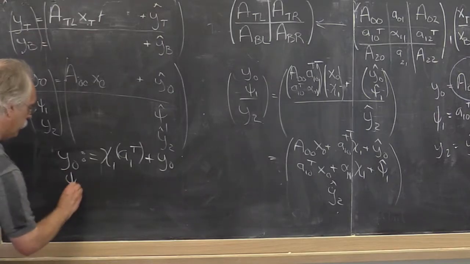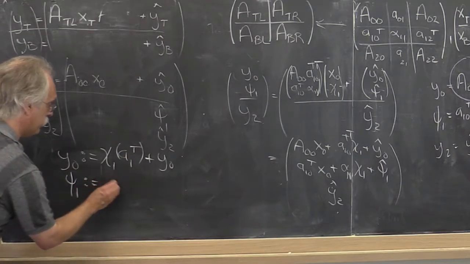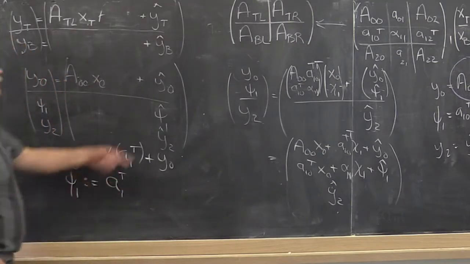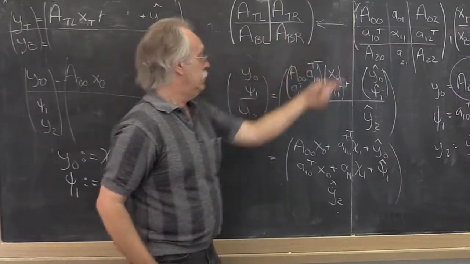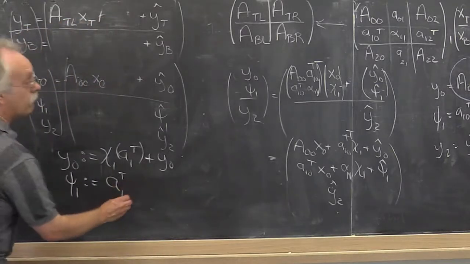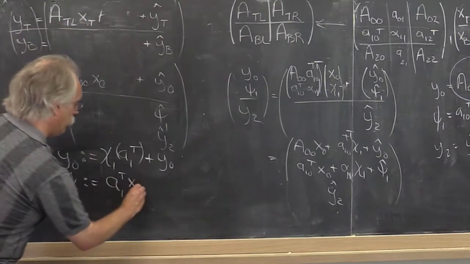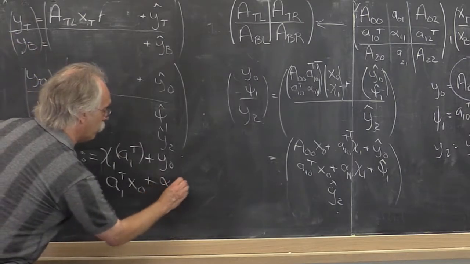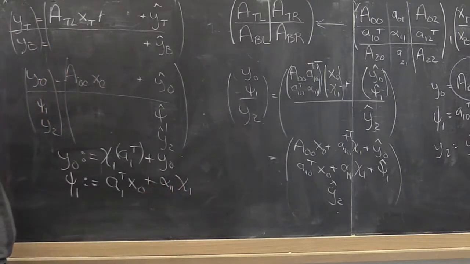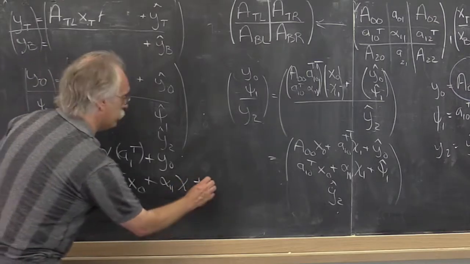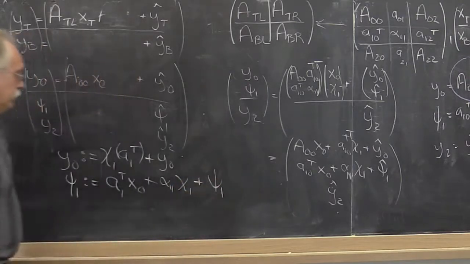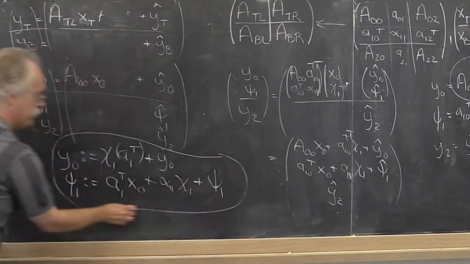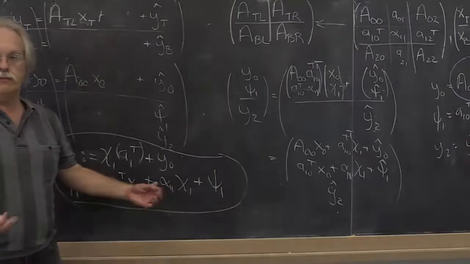And psi1 has to be updated with the dot product of a1 transpose, this row vector, with x0, to which we add the product of alpha 1 times chi1, and we must add that to what's already in psi1. And this then becomes the actual computation in the body of the loop.